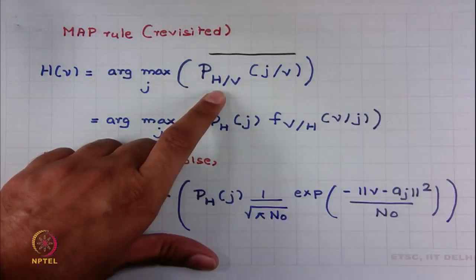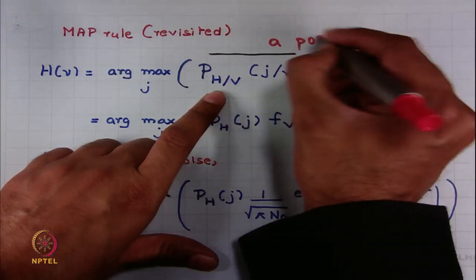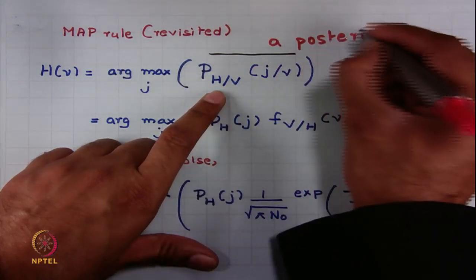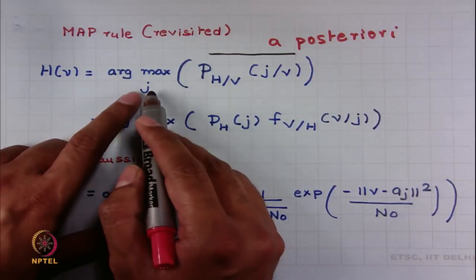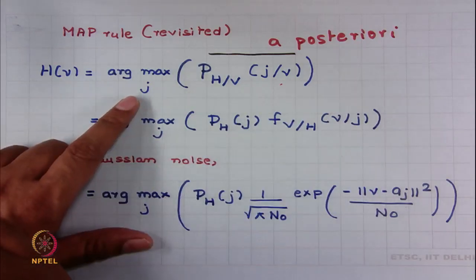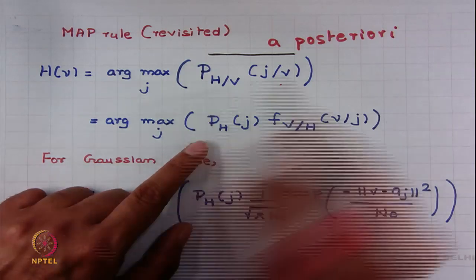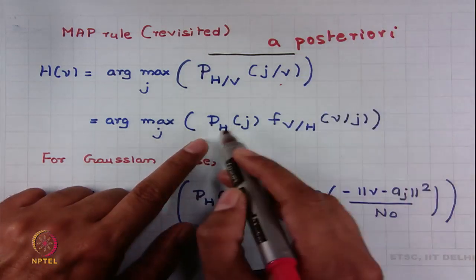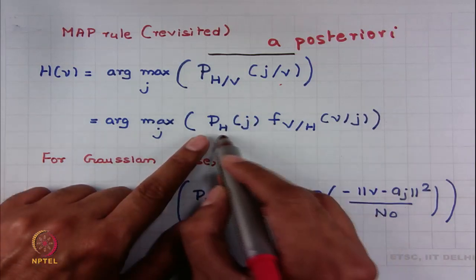So, this is the a posteriori probability. I should choose the hypothesis which maximizes this a posteriori probability. And we have also seen in the last lecture that this a posteriori probability maximization is the same as maximizing this product.